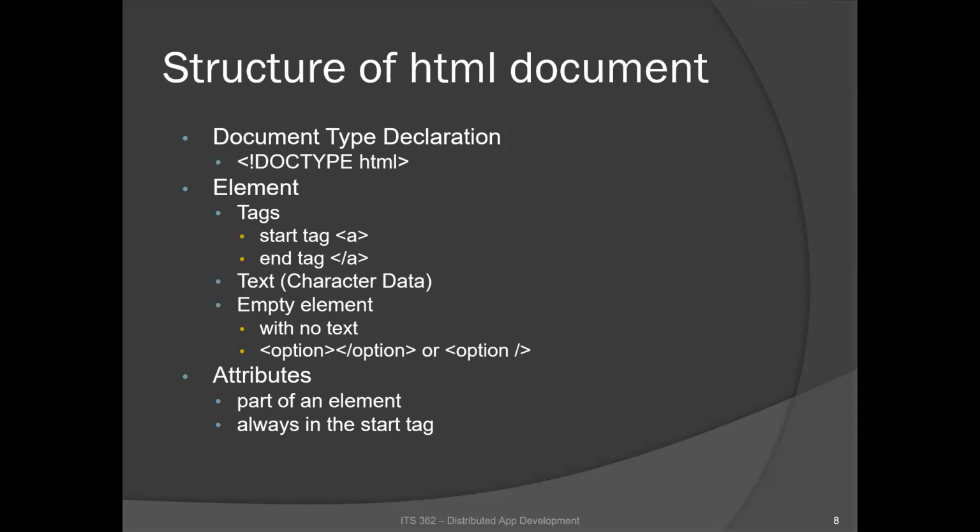The structure of HTML document, as you know, you might have some kind of document type declaration, depending on the version of HTML that you're using. You have the elements, right? So different tags. So usually we have a start tag and an ending tag, for instance, like an anchor tag.